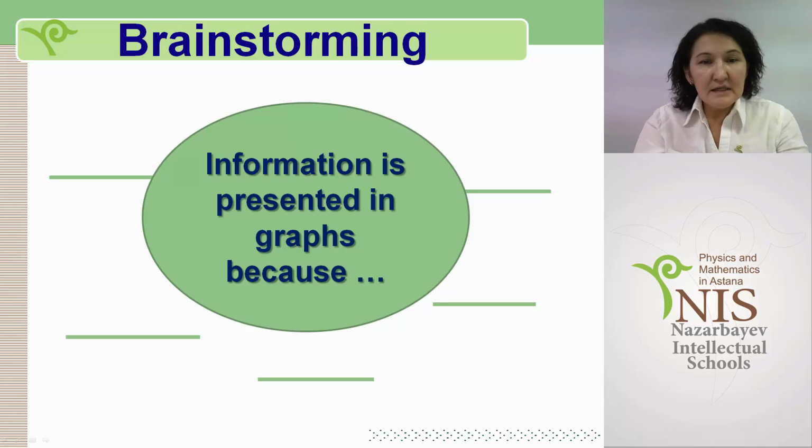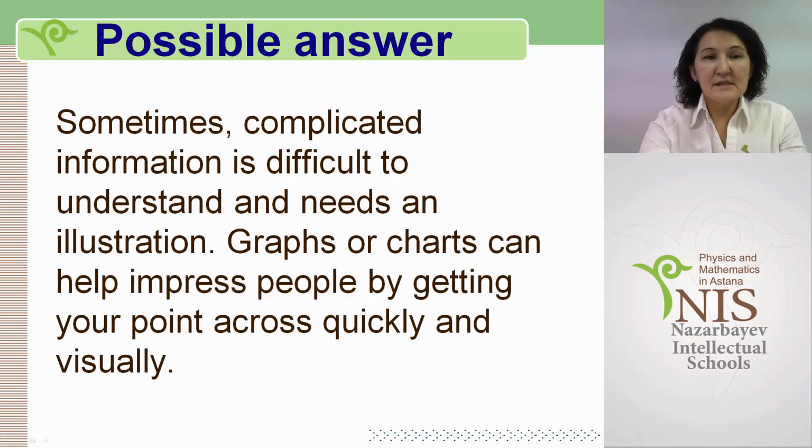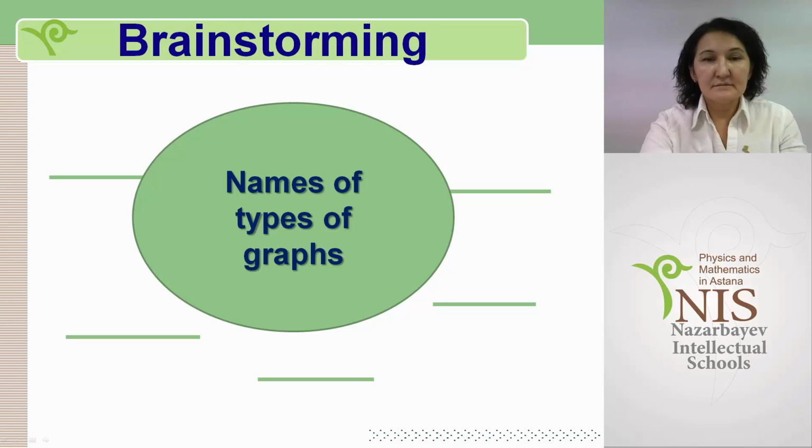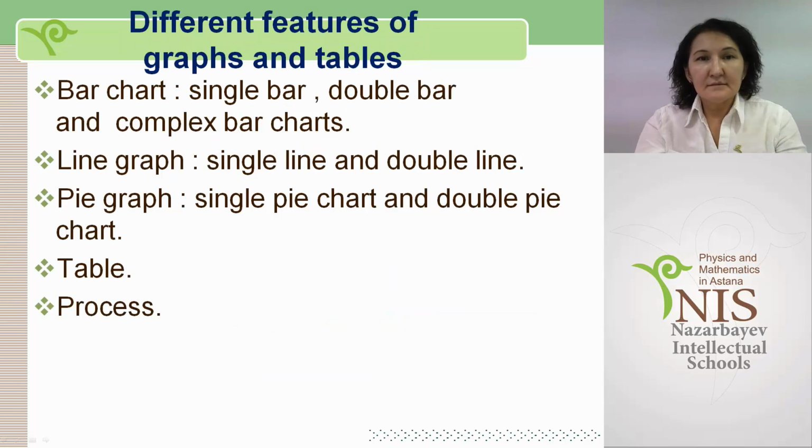And do you know the names of graphs? Do you know the types of graphs? Yes, these are they. So the names are bar chart. Bar chart can be single bar, double bar, and complex bar charts. Another type of graphs is line graph.